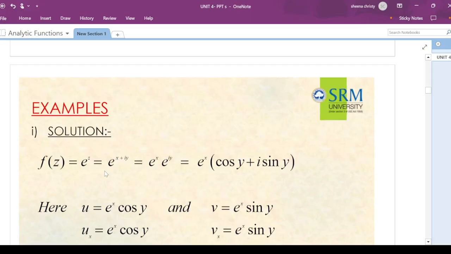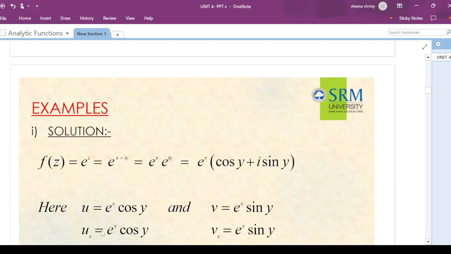So, you can split this exponential as eˣ into e^(iy), which is equal to eˣ(cos y + i sin y). Now, separating the real and imaginary parts, we get u = eˣ cos y and v = eˣ sin y.